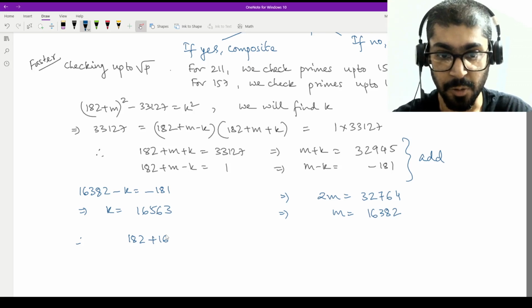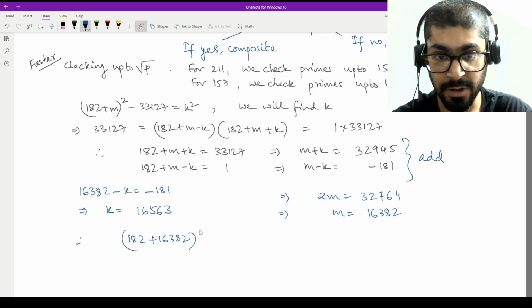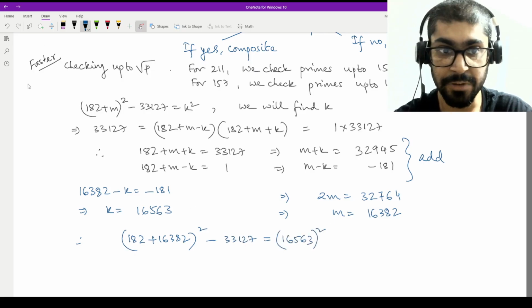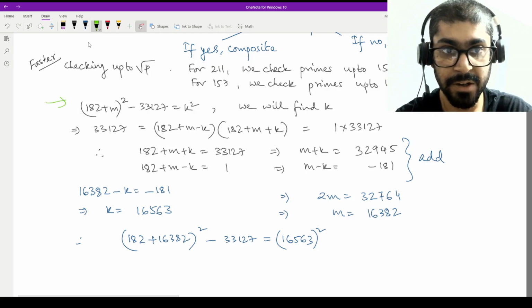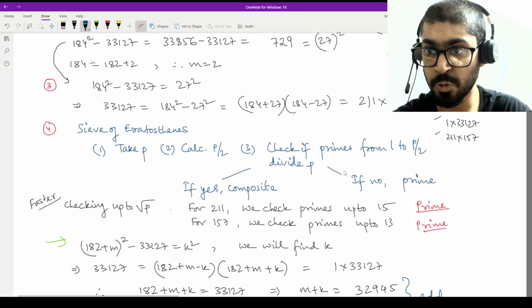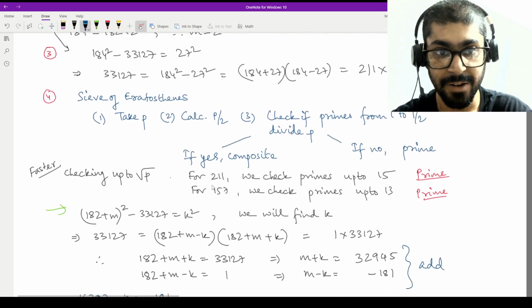So this is what we get: (182 + 16382) whole square minus 33127 would be equal to 16563 square. This is one equation of this particular format, and the second equation of this format is obtained by using these two numbers, right? 211 and 157, right?